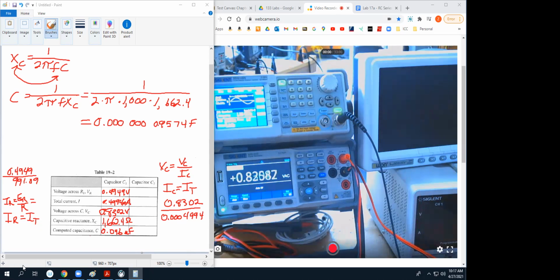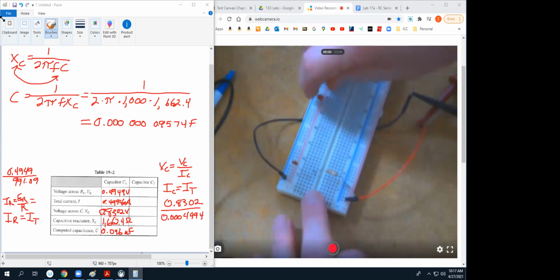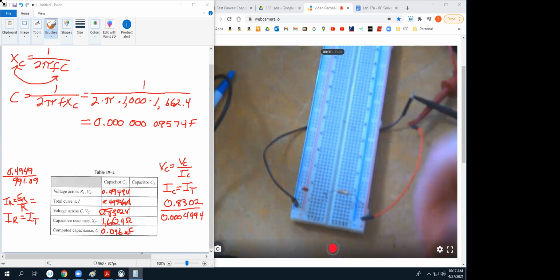Okay, so I'm going to connect mine in series. I'll show you how I'm connecting mine. Wait, he did give it back.